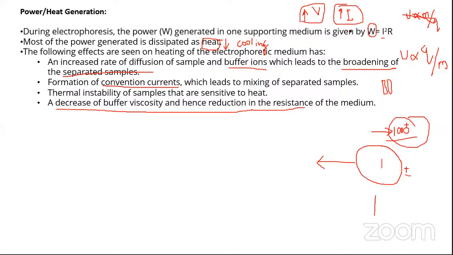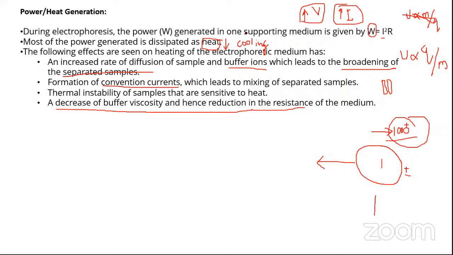So whatever complications I expect now with increase in current due to increase in heat production, to minimize them, I carry out electrophoresis in a cooling condition. If I do it in a cooling condition, there will be no heat production, or whatever amount of heat generated will be cooled down, right?